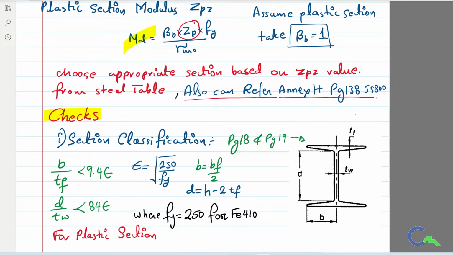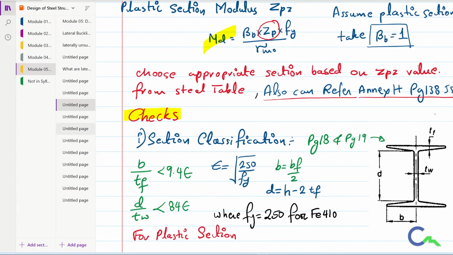Once I choose a section, we have to do 5 checks. First, we check whether it is a plastic section. From page numbers 18 and 19, we can check whether it is plastic, compact, semi-compact or slender. So these 4 classifications we can do using pages 18 and 19. In the problem we are going to do it in detail.